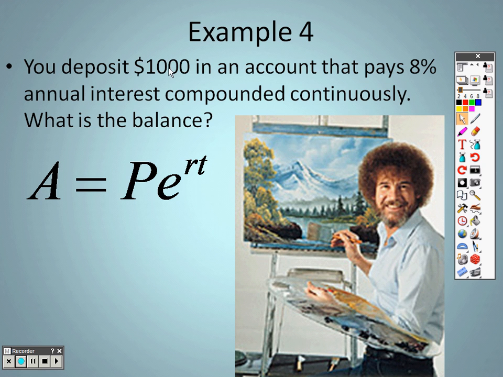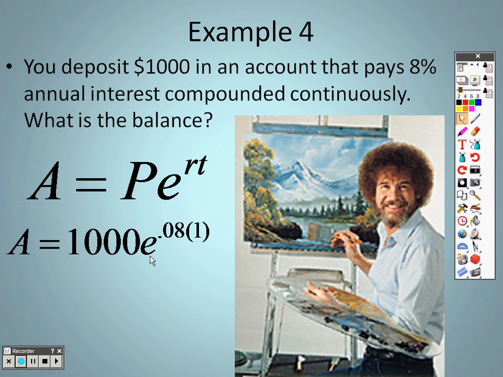So the amount of money put in was 1,000, so I put 1,000 in for P. The rate is 8%, so I put in a 0.08 for R. And we want to figure out what T is, and it says what's the balance after annual interest. So they just want a year, as in 1. So first year meaning 1 goes in there.